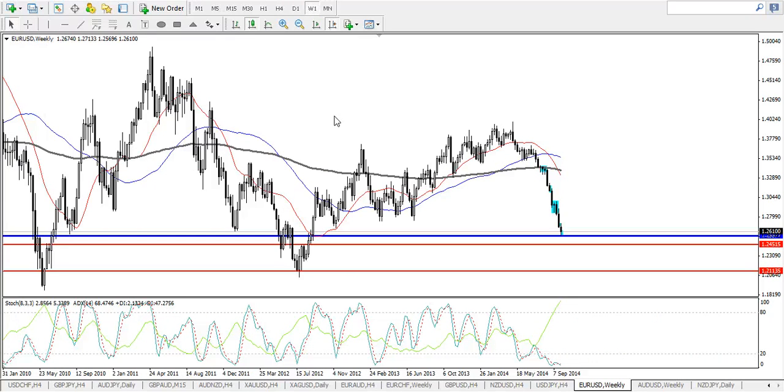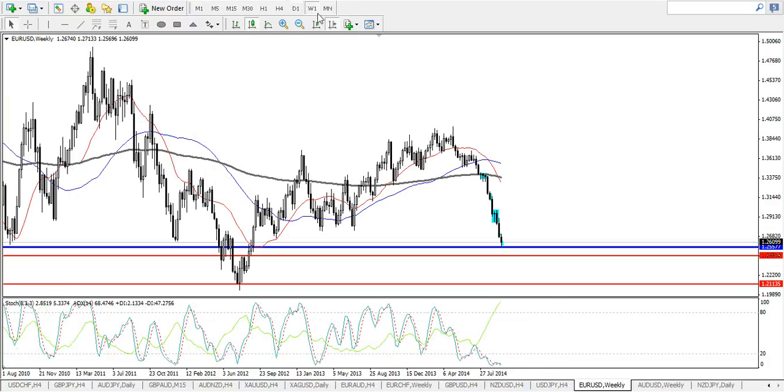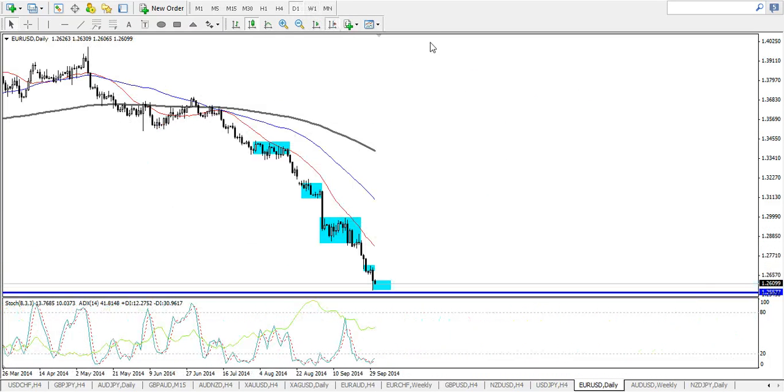But of course we are expecting the price to fall much further, as the divergence in the monetary policy is just too wide, I would say. Of course, there are other reasons like the geopolitical crisis. So we can expect the euro against the dollar to fall even further.